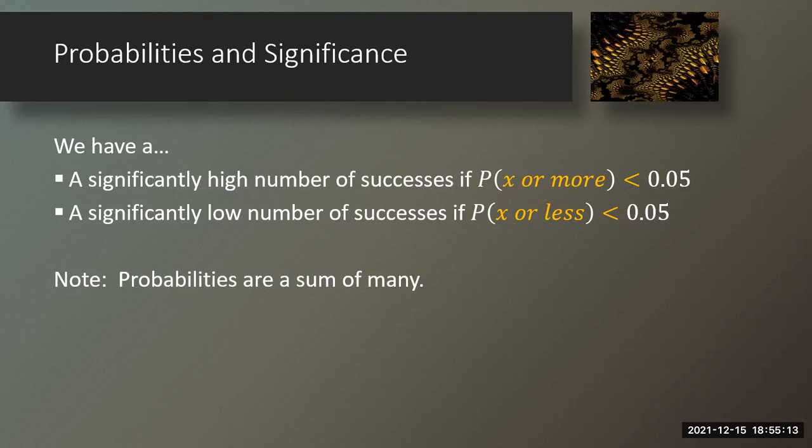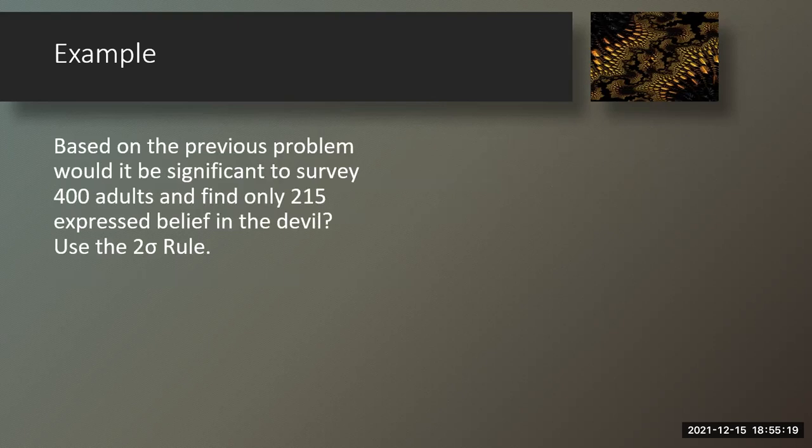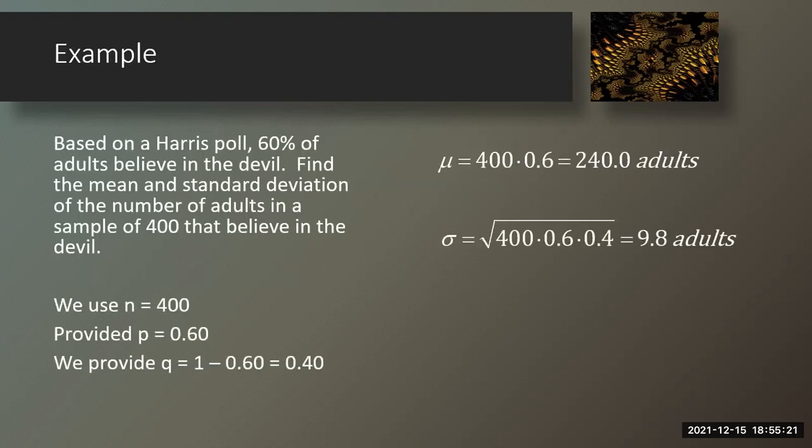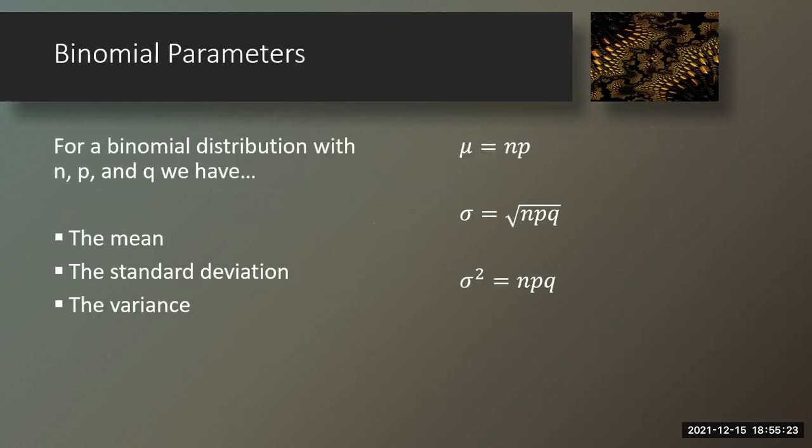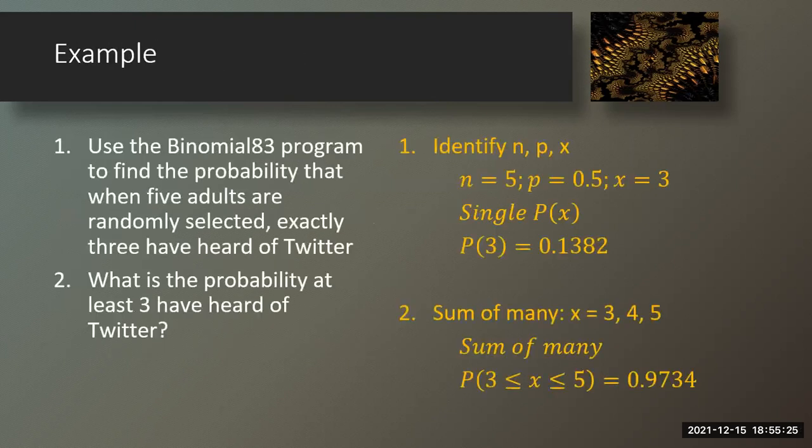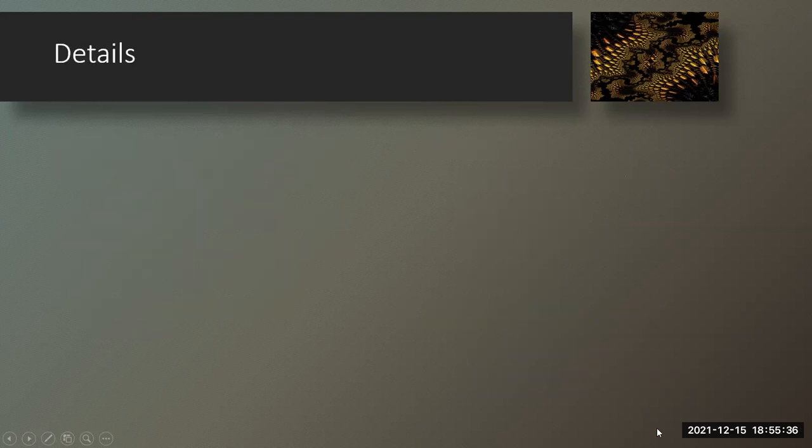Those probabilities are the sum of many, in the fashion that we just looked at previously. In fact, if we go back up to that previous question, none of these fell into that category of less than 0.05. These probabilities were all distinctly greater.